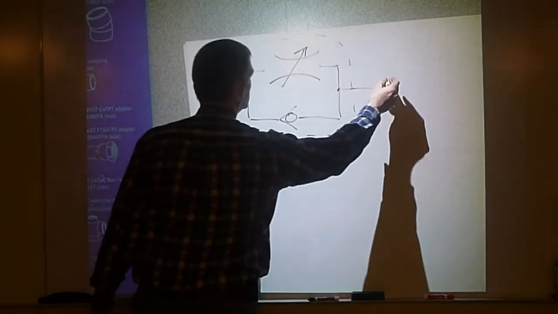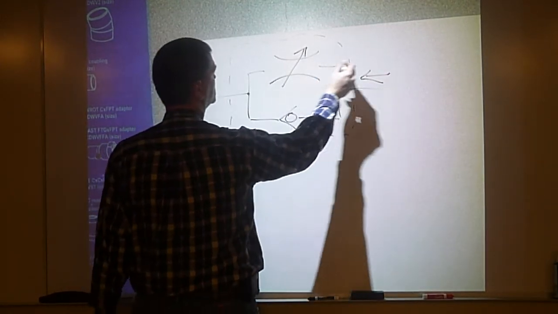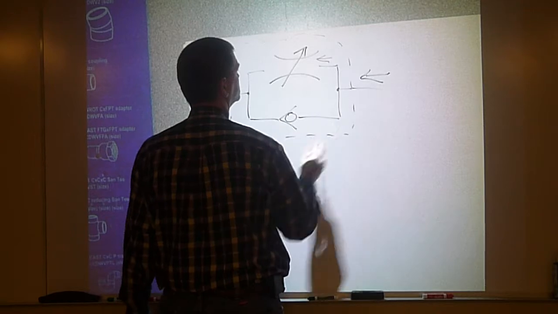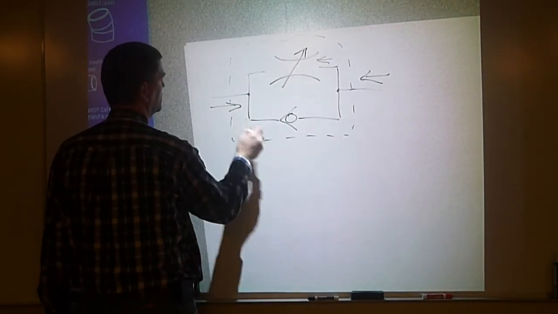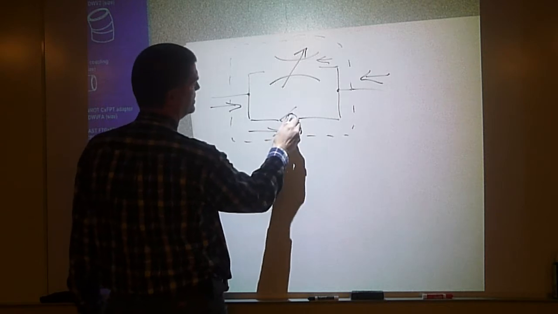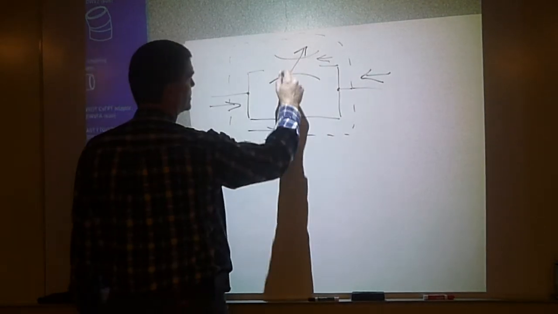When your flow is coming this way, it's going to be forced to go this way. When your flow is going this way, it will free flow this way, pushing the ball off the check. This is your adjustable orifice.